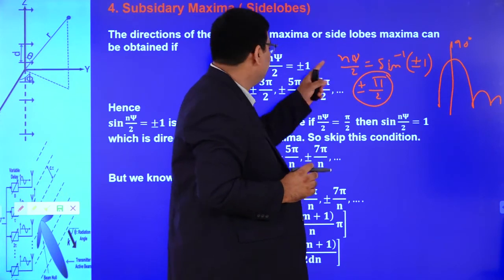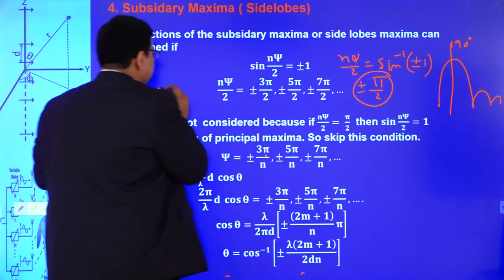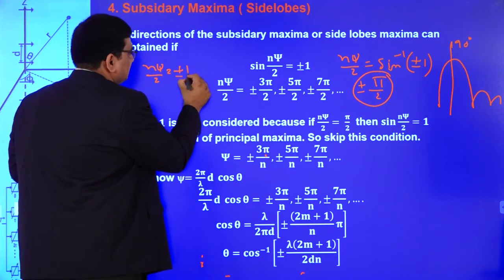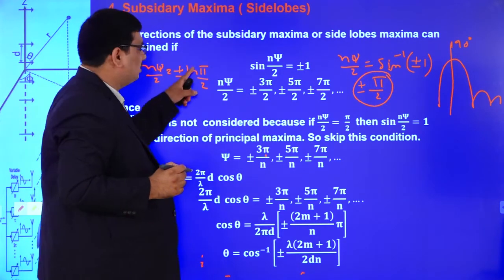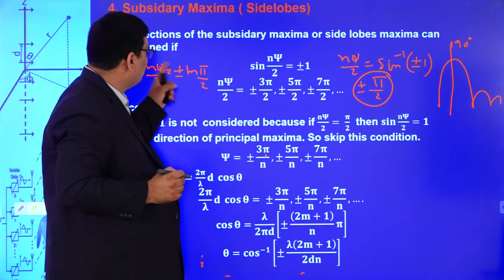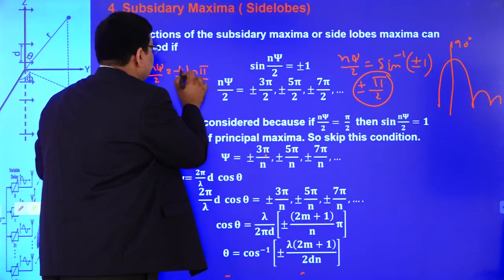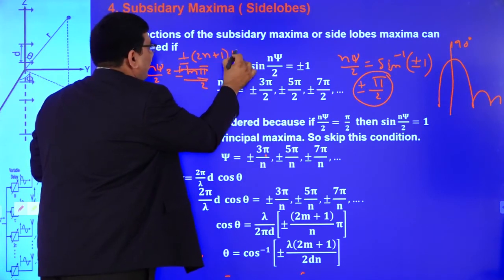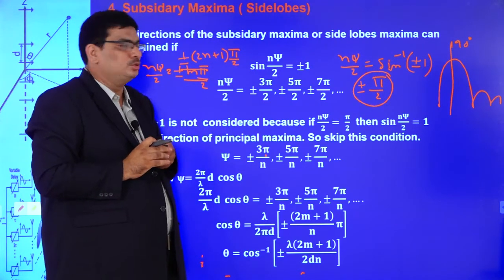So nψ/2 equals plus or minus mπ/2, actually, sorry, this is not the case, it is plus or minus (2n+1) into π/2.